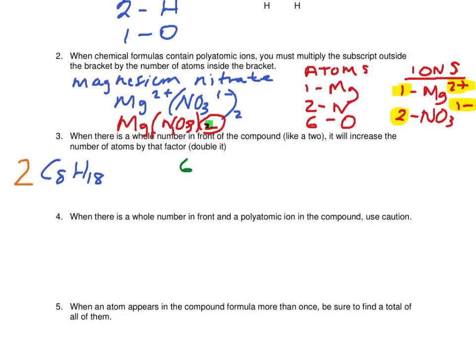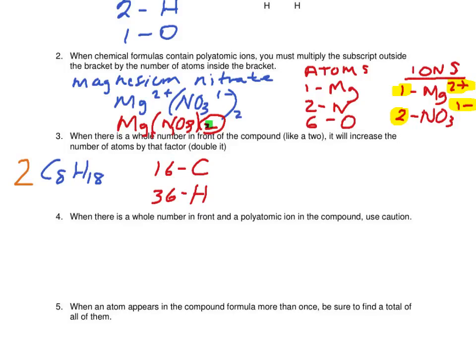To figure out how many atoms of each, you need to pay attention to both the subscript and the coefficient. So 8 carbons per molecule times 2 makes 16 carbons, and 18 hydrogens per molecule times 2 would give you 36 hydrogens. And that's the total for 2 molecules of octane.